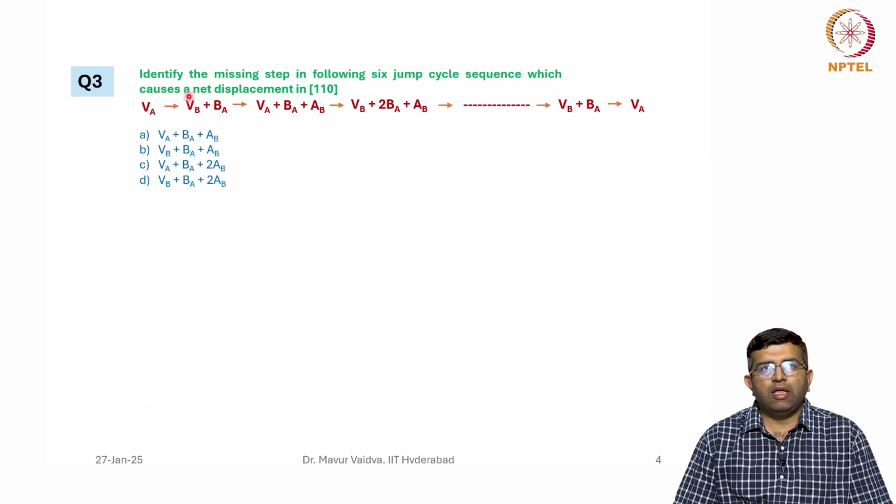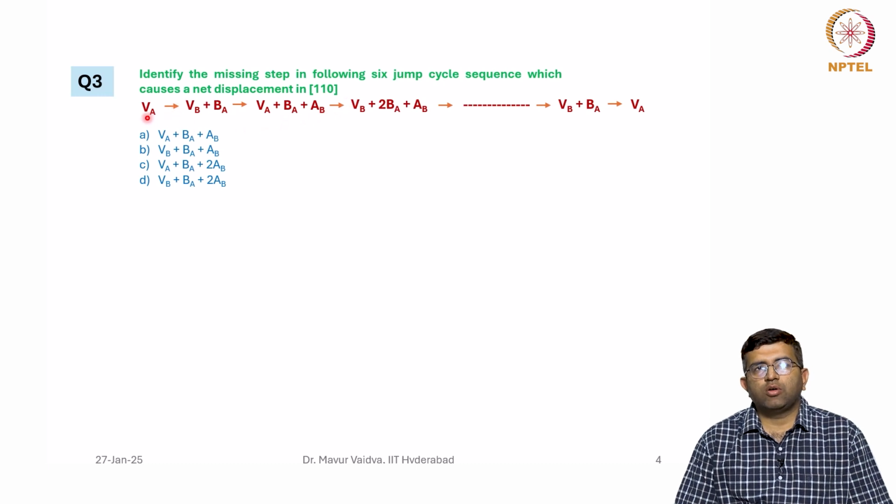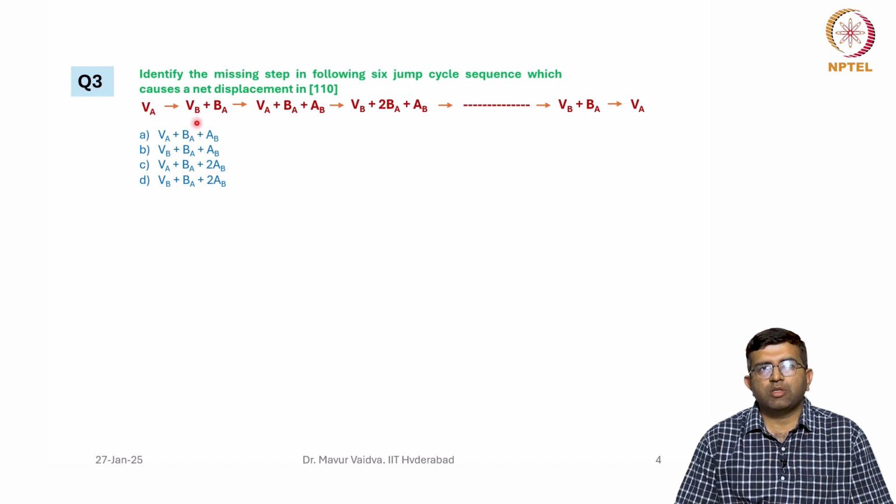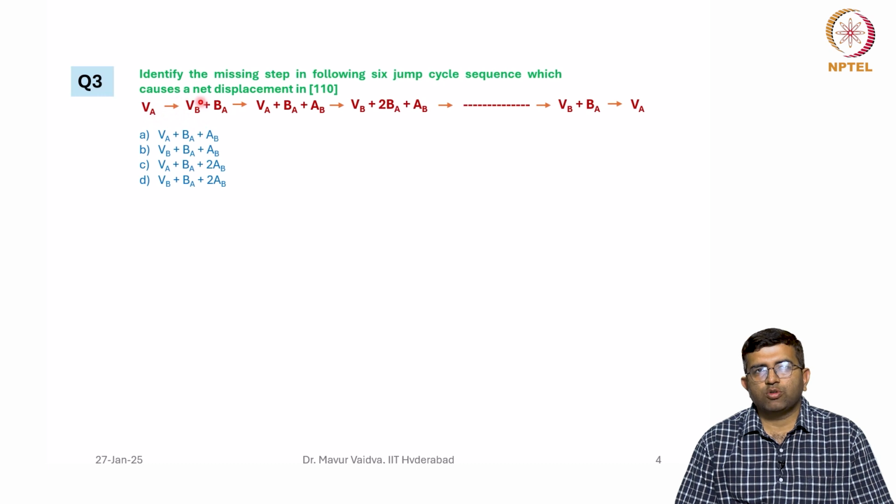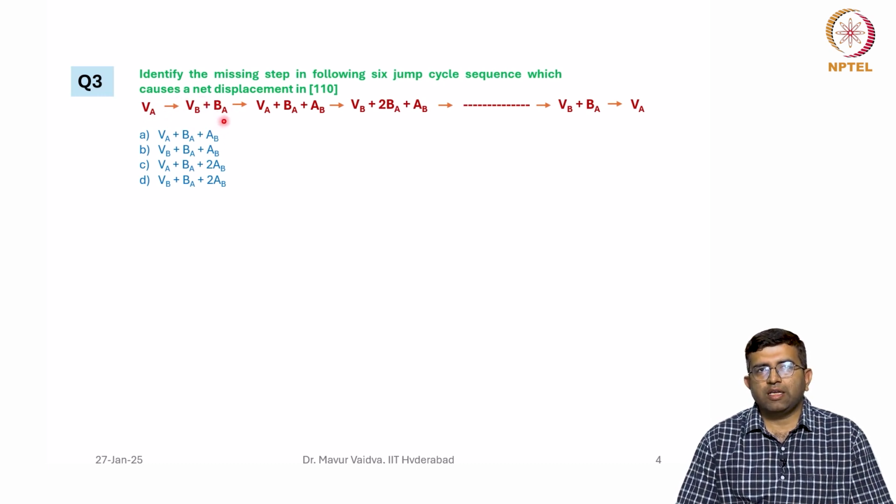Now, question number 3: identify the missing step in the following 6-jump cycle sequence which causes a net displacement in 110. So, we saw that in 110, if the vacancy is at A, then the first exchange happens such that the vacancy moves to the B side and a B atom moves to the A side, creating an anti-site defect.